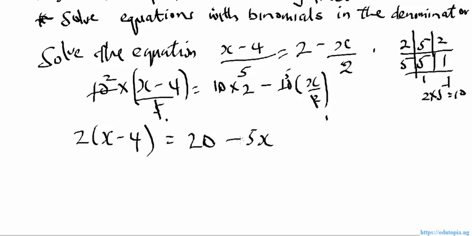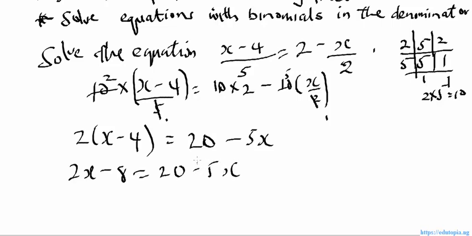So that's what we're left with. And now let's continue by clearing these brackets. We have 2 times x giving us 2x minus 8 is equal to 20 minus 5x.